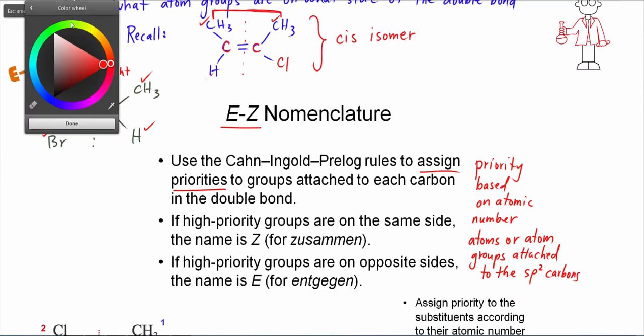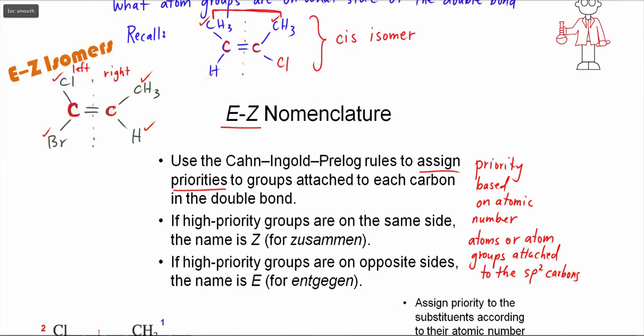Okay, so if I do another example with carbon doubly bonded to carbon, I'm going to say this atom or atom group has priority 1, and this one has priority 2 for that carbon. And this atom or atom group has priority 1, and this one has priority 2 for the other carbon.